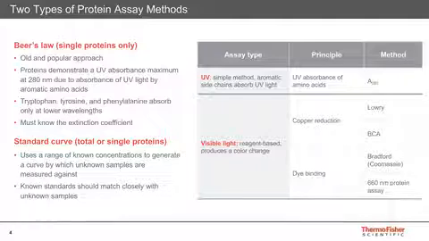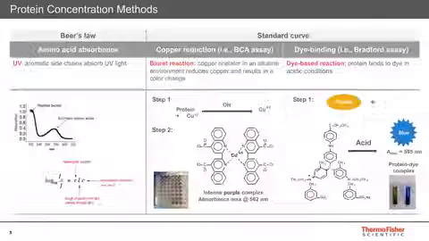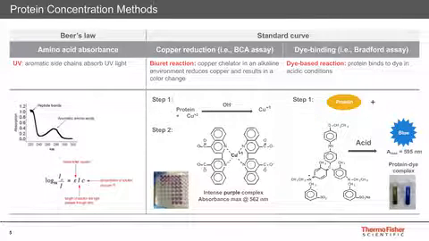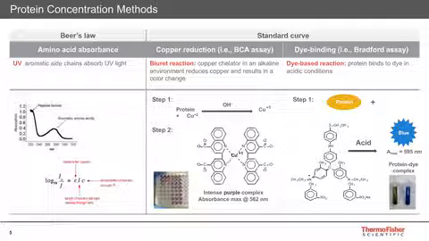The relative method of protein concentration determination is by using a standard curve. Here, you do not need to know the extinction coefficient of the protein. What you will need is to have a standard protein, plot a standard curve based on the known concentration of that standard protein, and measure the concentration of the unknown protein based off of that standard curve.